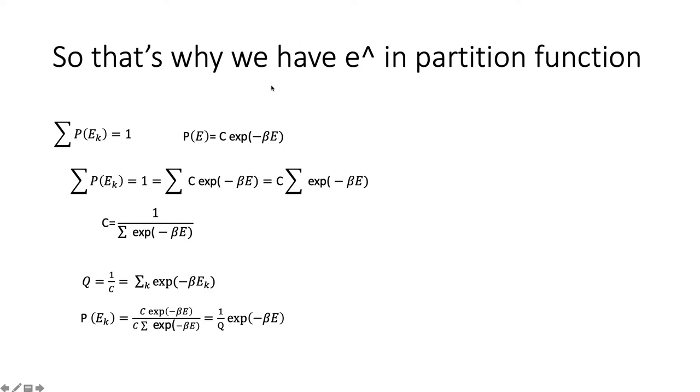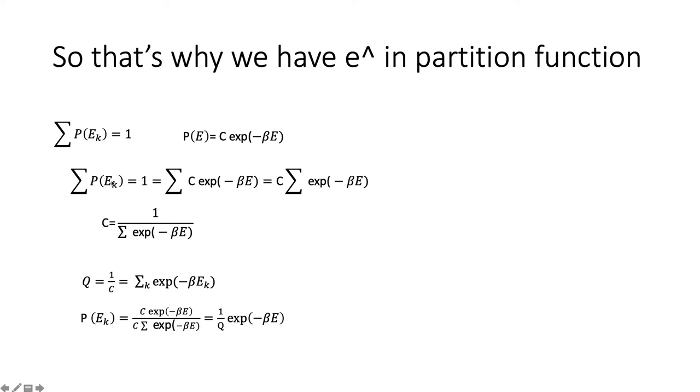And actually, that's why in our partition function over here, we have this exponential term. We know that for the partition function, the sum of all of the probabilities will be 1. And we know the probability has this expression.